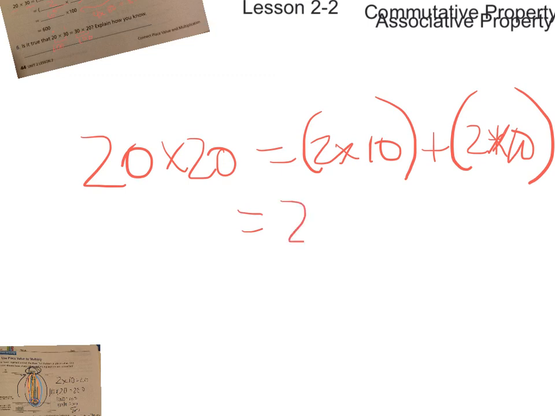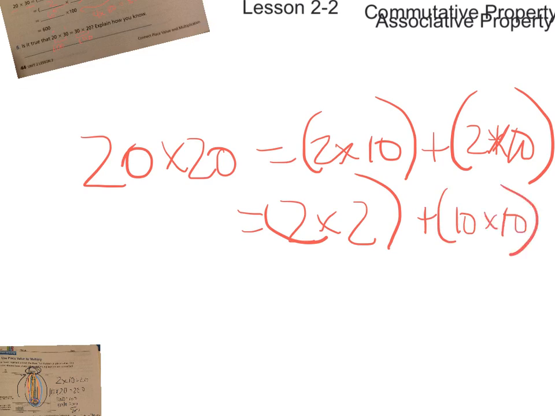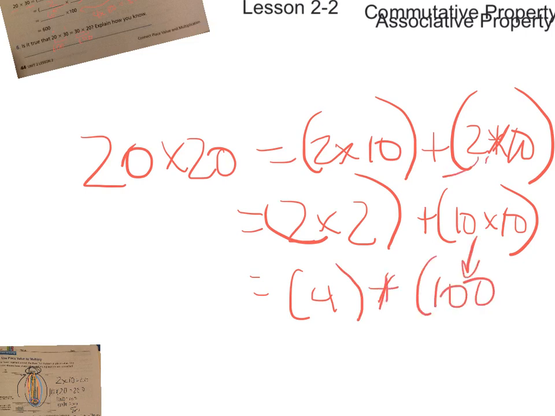If I break it down further, I can go 2 times 2 plus 10 times 10. Continue with it. That gives me 4 plus 100. Notice I'm going down. Okay, here I'm breaking out the 2's. I'm putting the 10's over here. 10 times 10 equals 100, so that would equal 4 plus 100, which would give me 104.